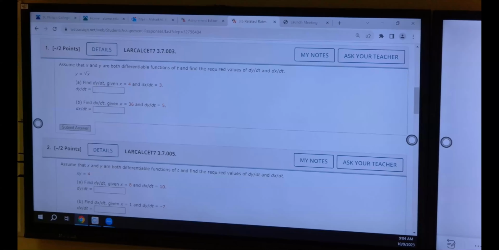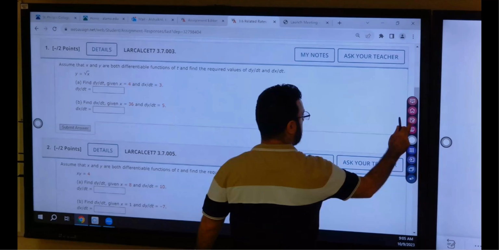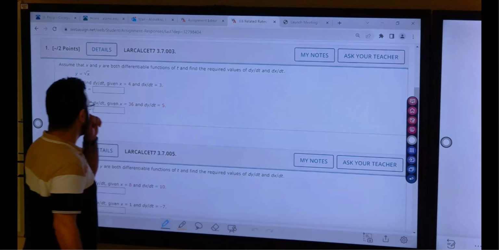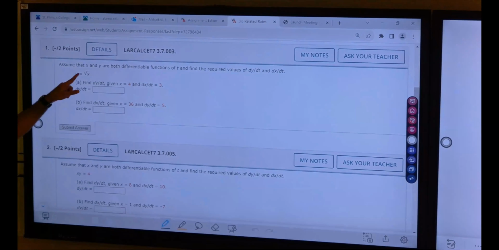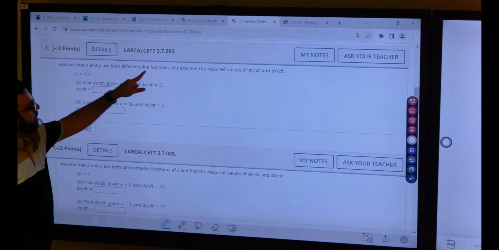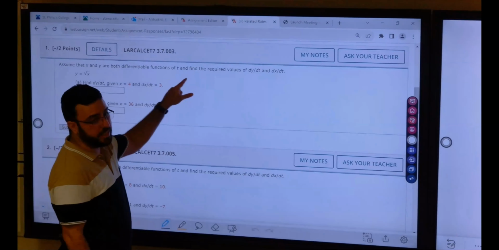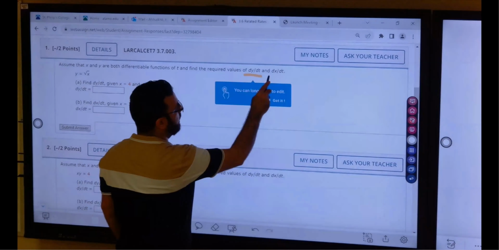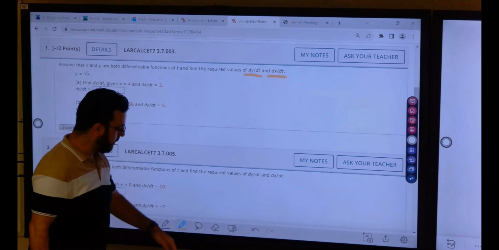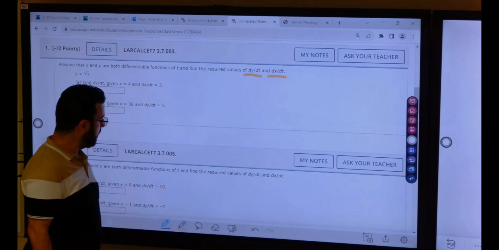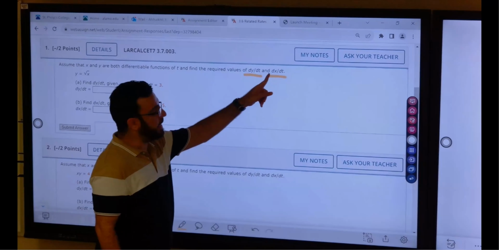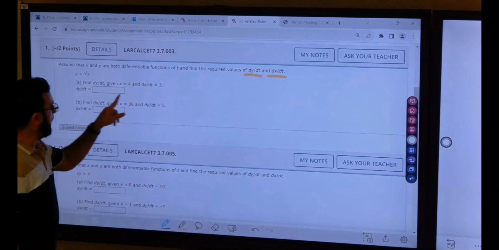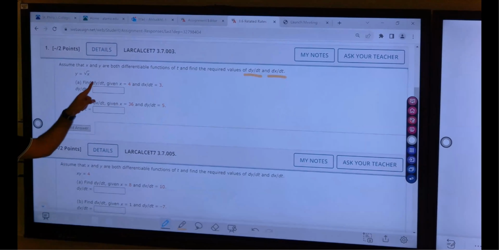So if you look at the first example, assume that both x and y are differentiable functions with respect to t. And you already have two pieces of information, dy with respect to t and dx with respect to t. Now what do they give you? y equal square root of x. This is the function.